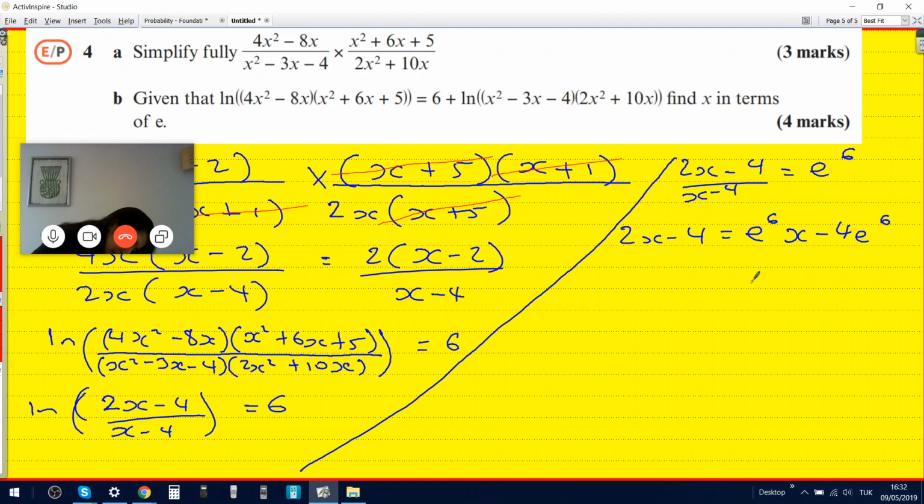Okay. x e to the 6 minus 4e6 equals 2x minus 4. Mm-hmm. And then add 4, equals 2x.